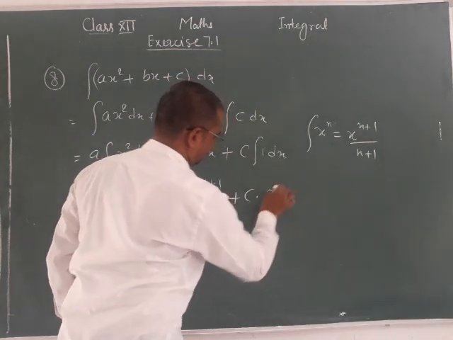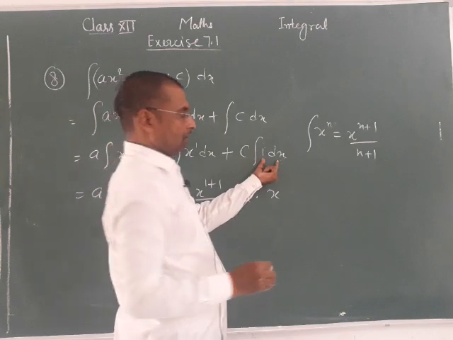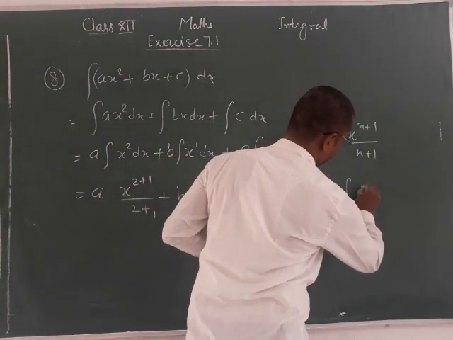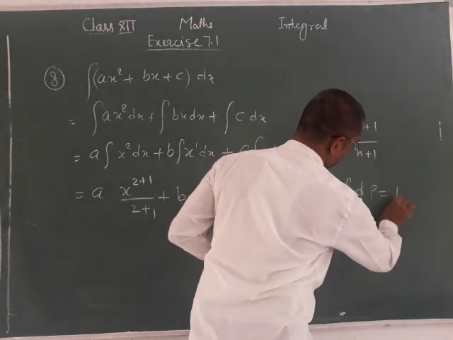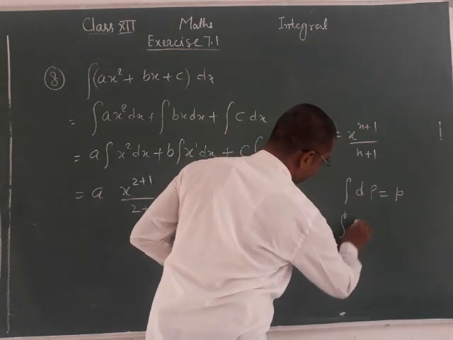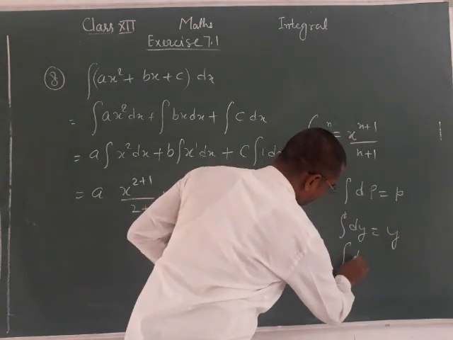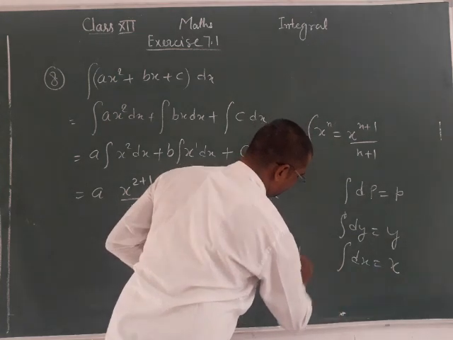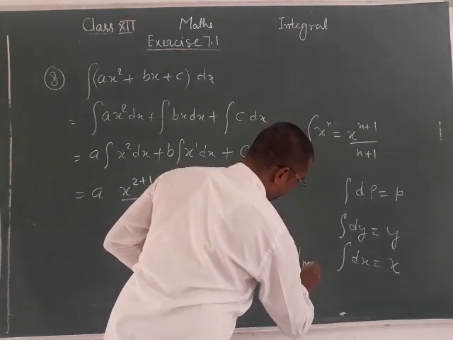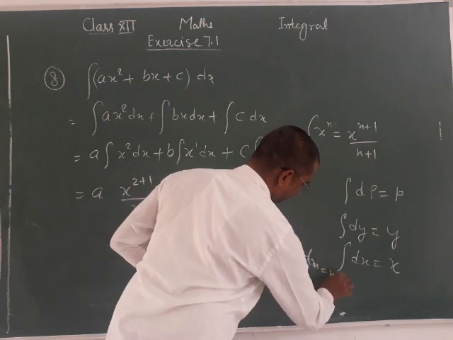So we know that the integration of dp is equal to p, integration of dy is equal to y, integration of dx is equal to x, integration of dm is equal to m.